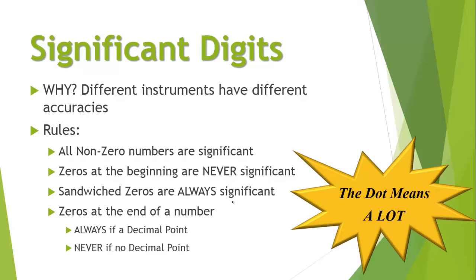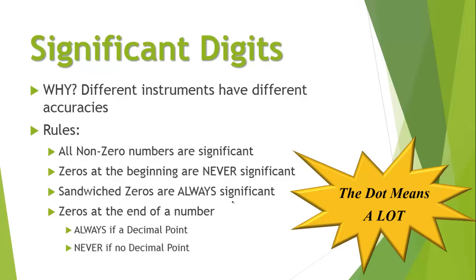For example, you use a 10 milliliter grad, we can get it accurate to 2 decimal places. However, using your 50 milliliter grad, you can only get it accurate to 1 decimal place. So if you're using both of them, you have to go by your least accurate instrument.